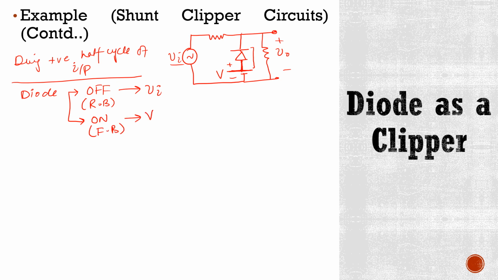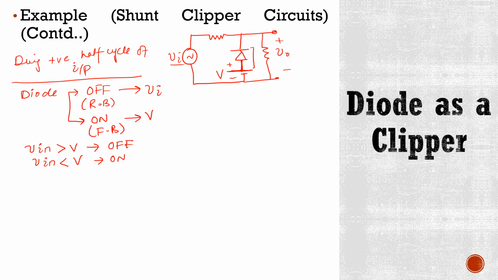Okay, so as I have discussed in my previous slide, when V in is greater than V, the diode will be off, and when V in is less than V, the diode will be on.